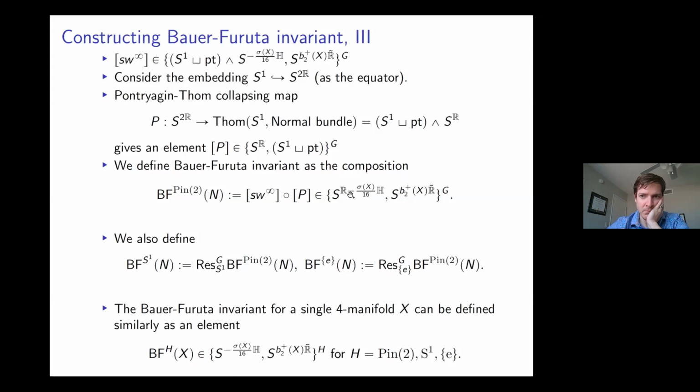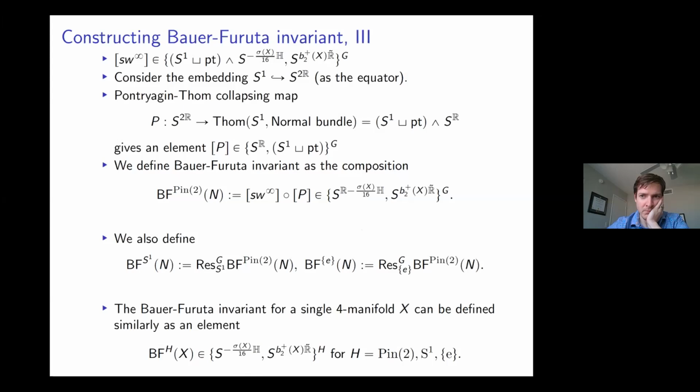And if you compare this with this, you see that we don't have this R copy. That's because this R comes from the base. You remember that we are working with a bundle over S1. So this S1 provides this extra copy of R. But if you just work with a single four-manifold, then you don't have this R. Any questions?